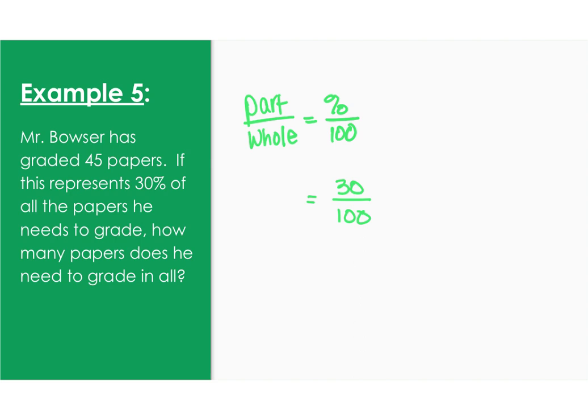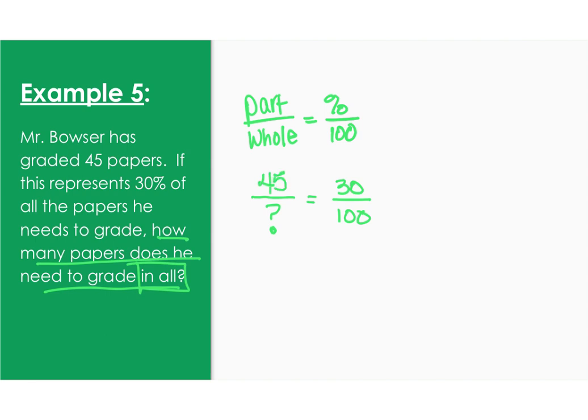What are we looking for? How many papers does he need to grade in all? So in all is my clue that it is asking for how many papers in all, and that's our unknown, and he has already graded 45.